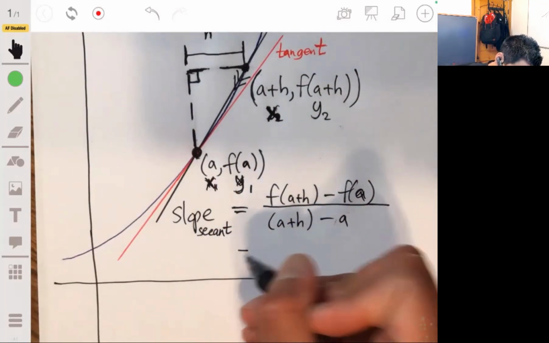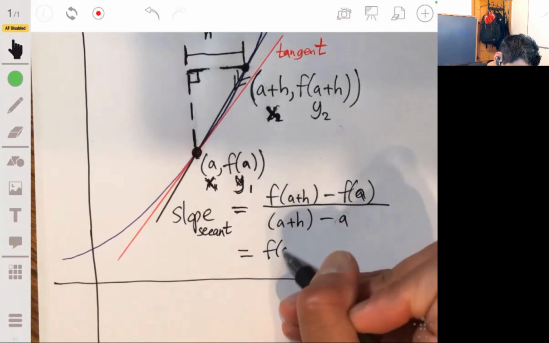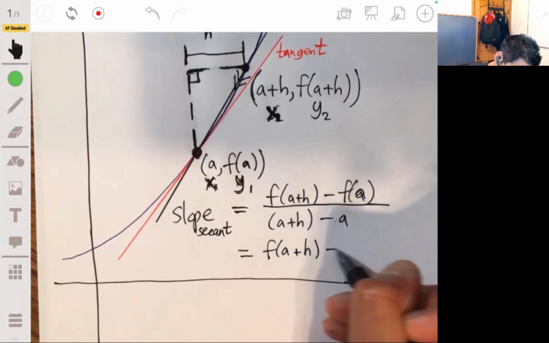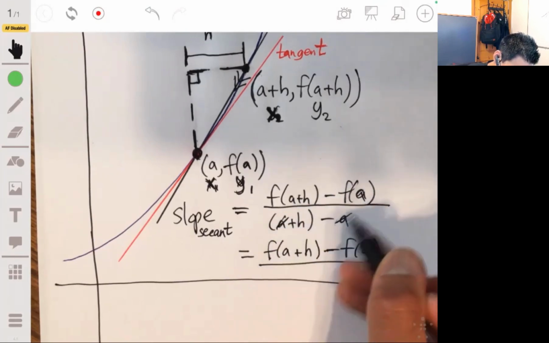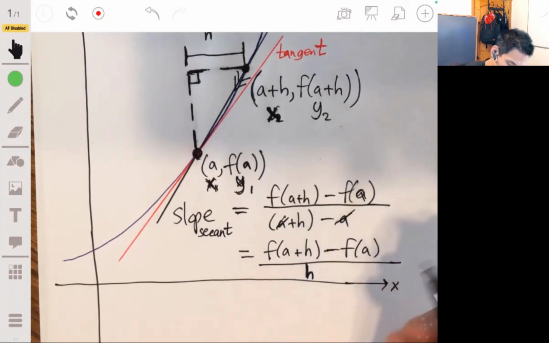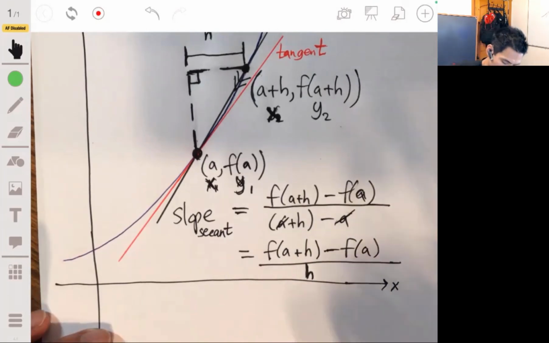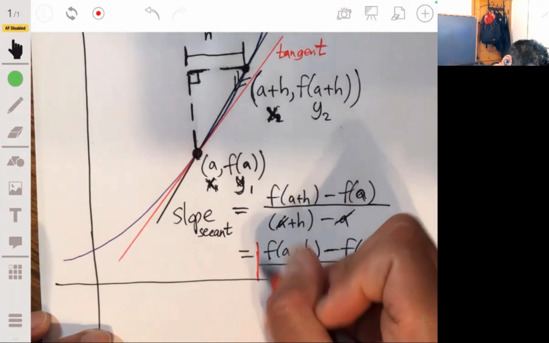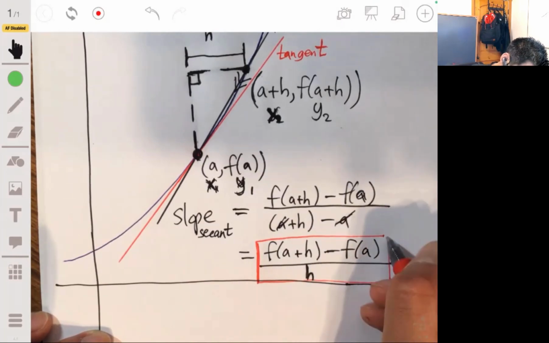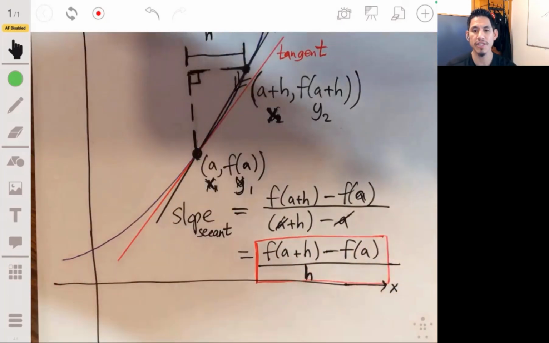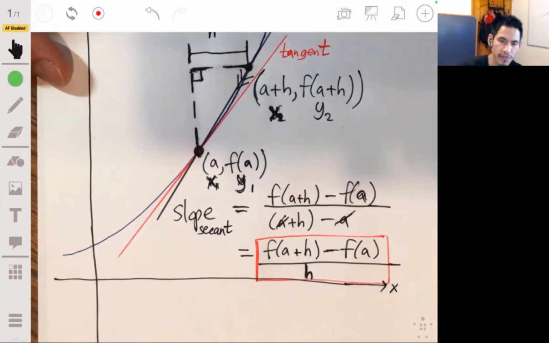Simplifying this, the top keeps it at f of a plus h minus f of a. The a's cancel in the denominator. All you have is h in the denominator. And now this is also known as your difference quotient, or the definition for the equation of a derivative.